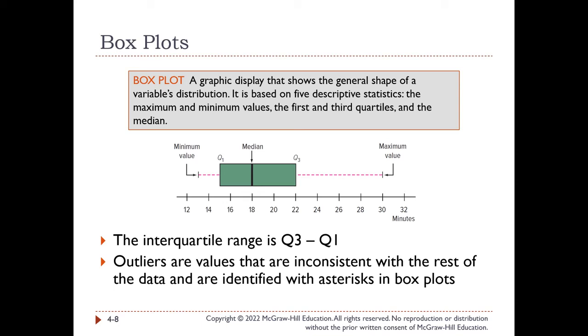Outliers are values that are inconsistent with the rest of the data and are identified with an asterisk in box plots. So if we do have an outlier, we'll put an asterisk on that. When we construct these, we want to begin by drawing a number line that will accommodate the minimum and maximum values.